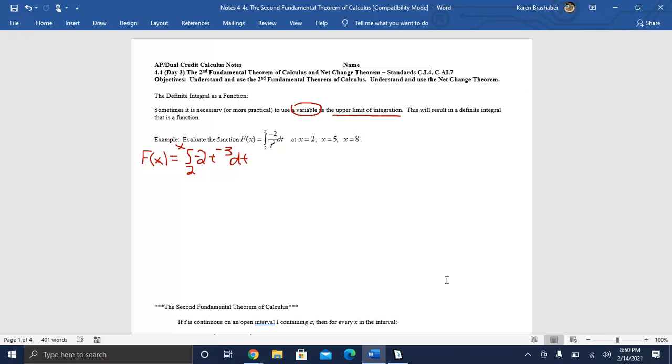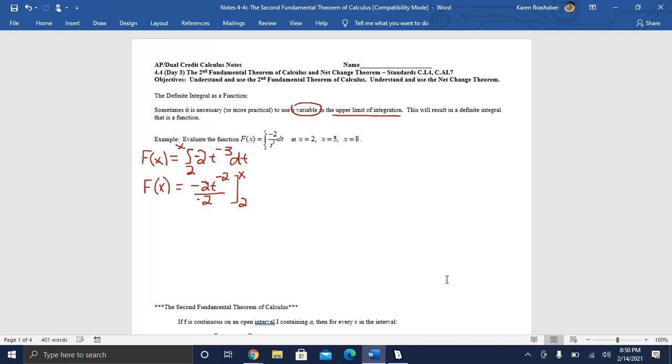And then actually do the integration process on my next line. So using the power rule, we'll have negative 2t, your power would be negative 2. We'll divide by negative 2 and evaluate that from 2 to x.